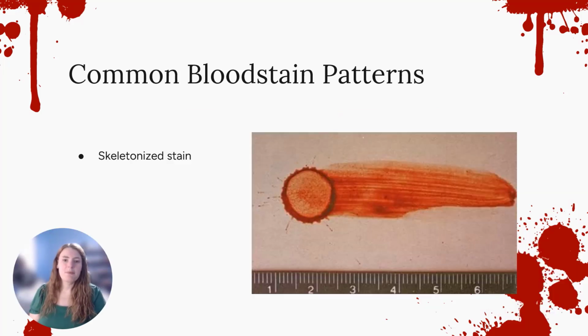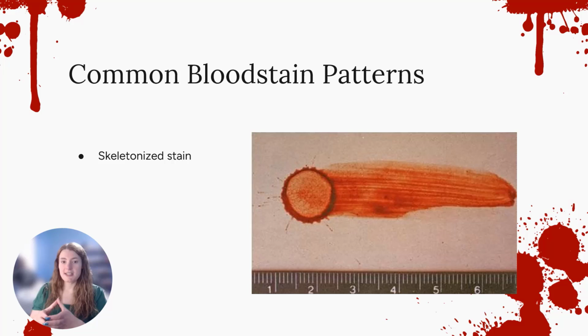The last type of bloodstain I want to discuss in this lecture is called a skeletonized stain. A skeletonized stain occurs when something wipes through a partially dry bloodstain. This leaves behind a ring that outlines the original stain shape while still displaying the feathering that's indicative of a wipe. Skeletonized stains provide investigators with two things.